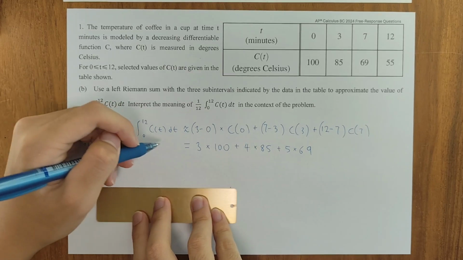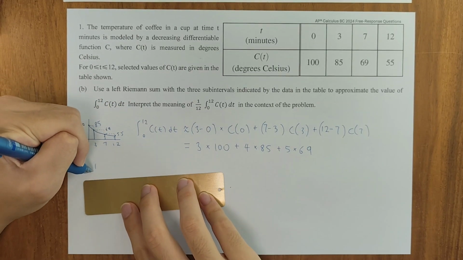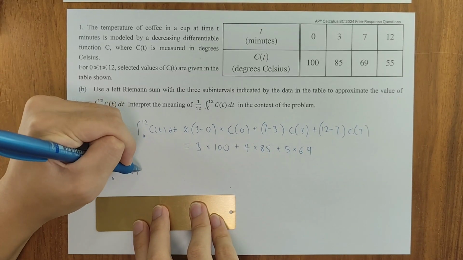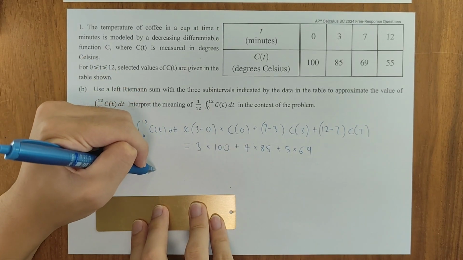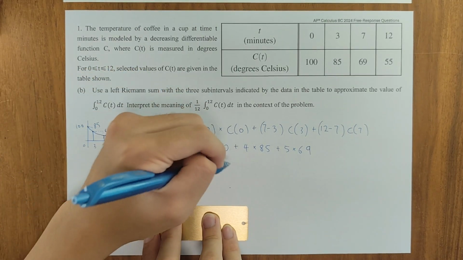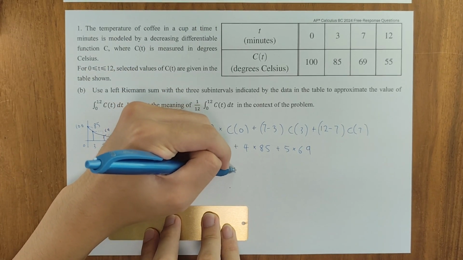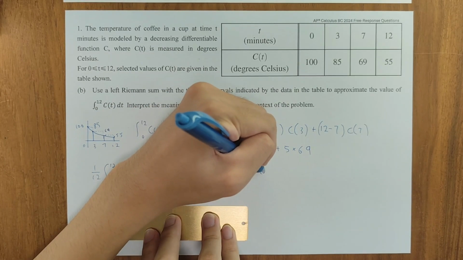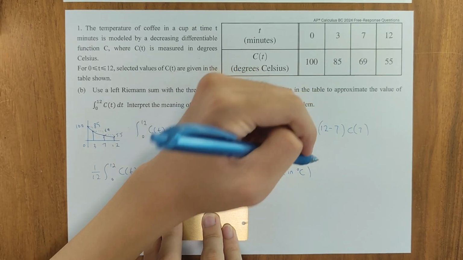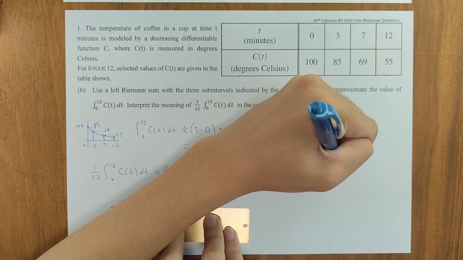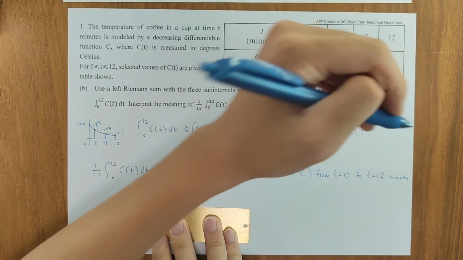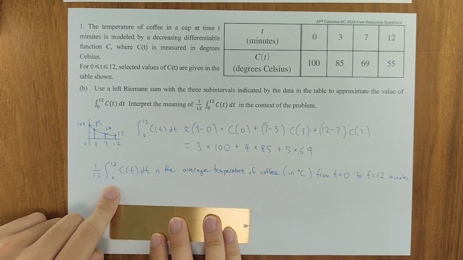So 1 over 12 times the integral from 0 to 12 of C(t) dt is the average temperature of the coffee, in degrees Celsius, from t equals 0 to t equals 12 minutes. Okay, so this is the average temperature of the coffee.